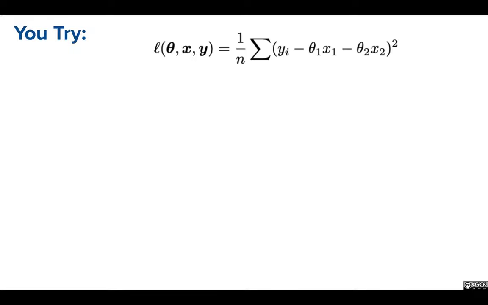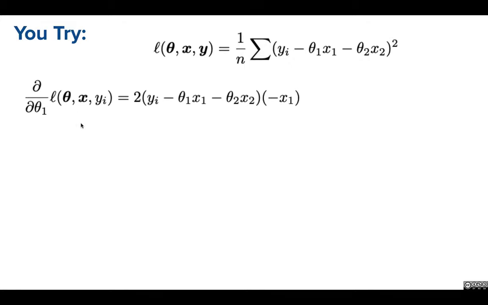Okay, so here's my loss. Oops, there wasn't supposed to be a summation. I do apologize. So pretend that summation is not there. The gradient with respect to theta 1, or the partial derivative with respect to theta 1, is you take this term here, you move the exponent down, apply the chain rule to theta 1, and you have negative x1 multiplied.